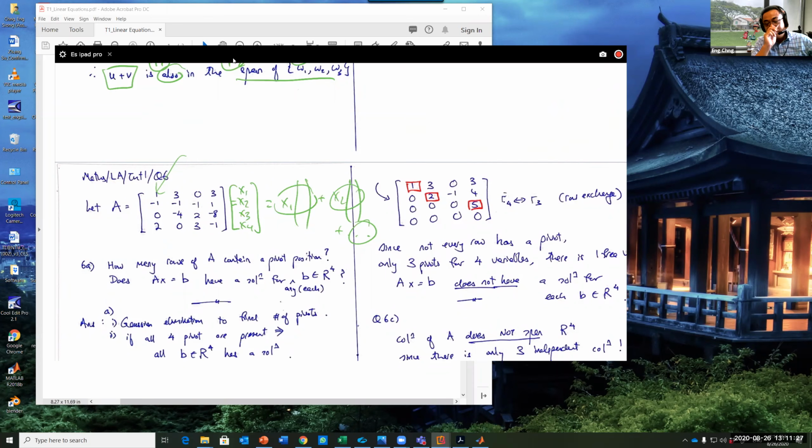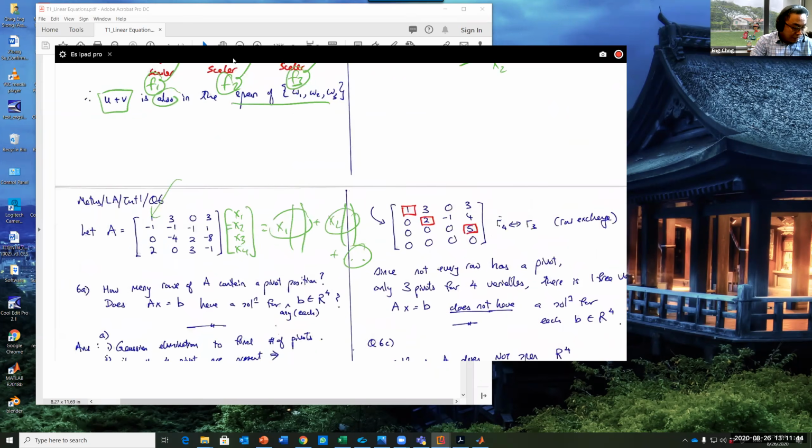Then you might be wondering, but I'm allowed to choose any x. Why would I not be able to find a B that is given by these linear combinations?